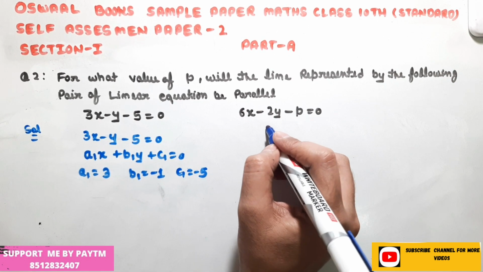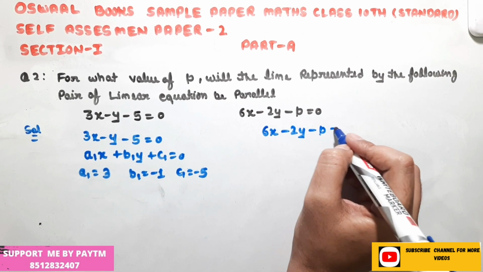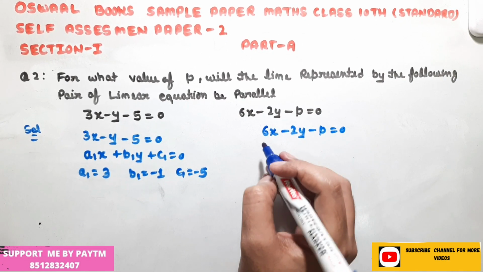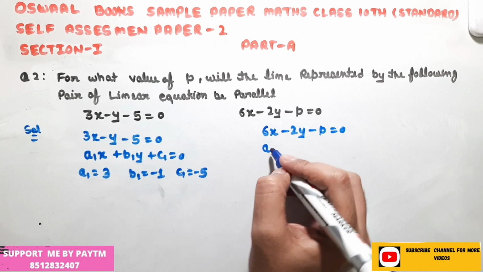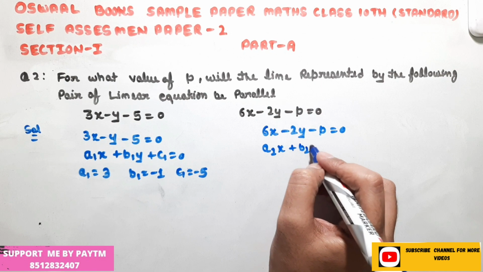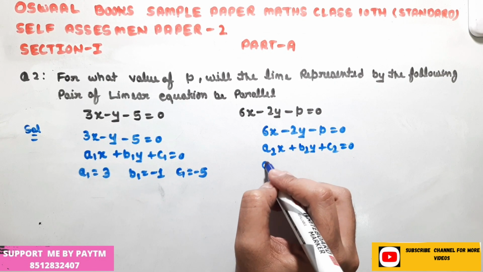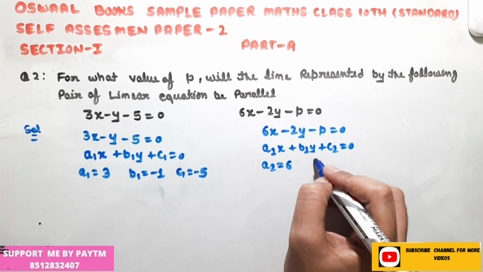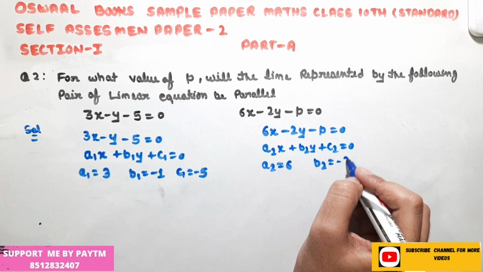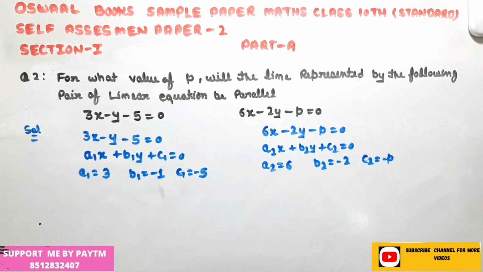Now the second equation is 6x minus 2y minus p equals to 0. Comparing with the standard form a2x plus b2y plus c2 equals to 0, a2 will be 6, b2 will be minus 2 and c2 will be minus p.